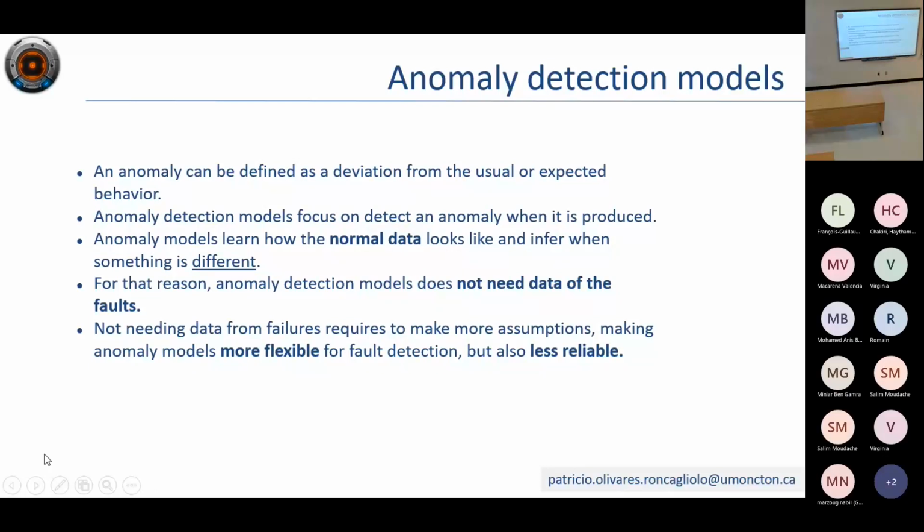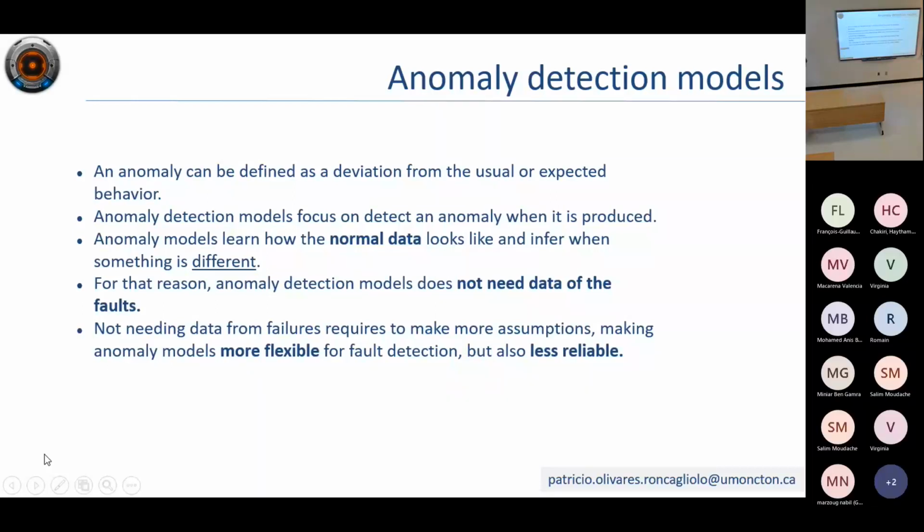And anomaly detection models try to focus on detecting when an anomaly is produced. So the idea here is how can we produce a system that is able to detect failures if we don't have data of our failures? An anomaly detection model tries to learn very well how the normal data looks like. If you are able to check how your normal data looks like, whenever you see anything weird, you can identify that as an error.